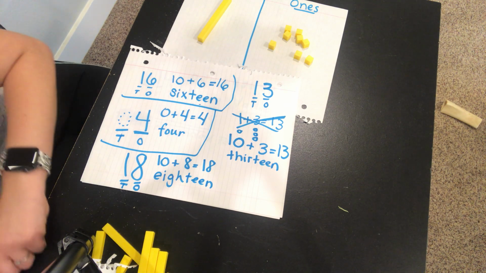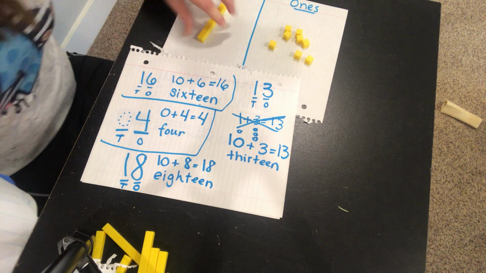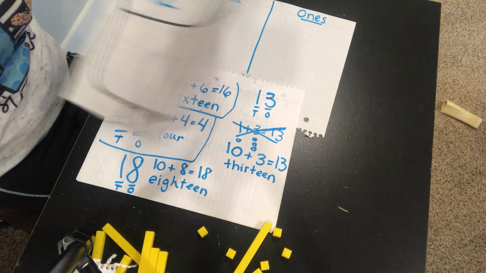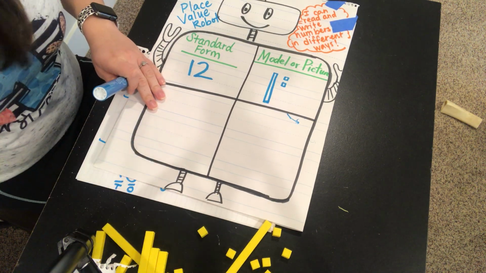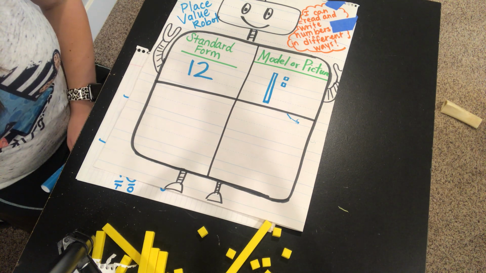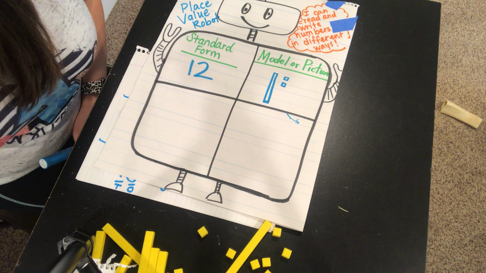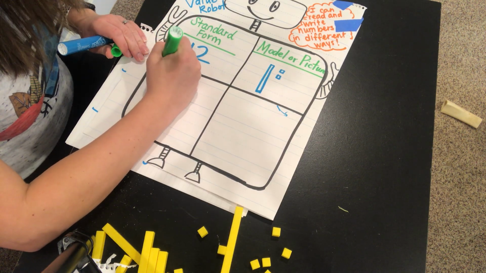Okay, so on my place value robot today, Mr. Perry, I'm going to add the other 2 ways that we learn to write and read numbers. Oops, I accidentally marked on it. Okay, so we learned that you can use expanded form and you can use word form. So, expanded form.